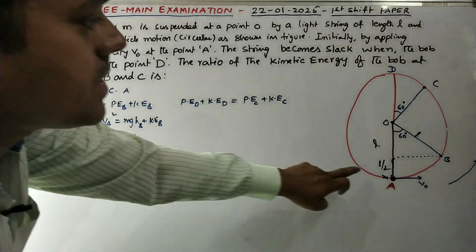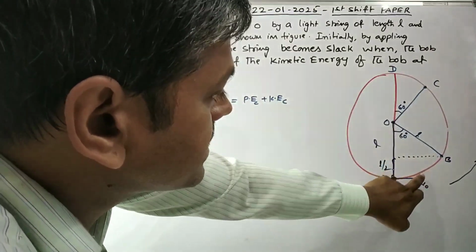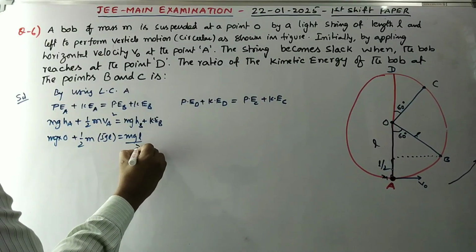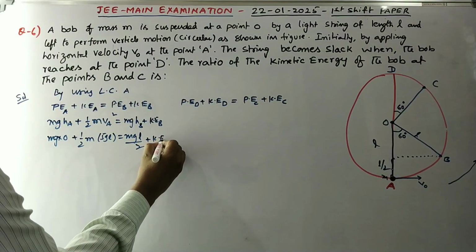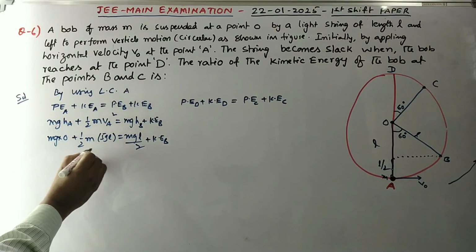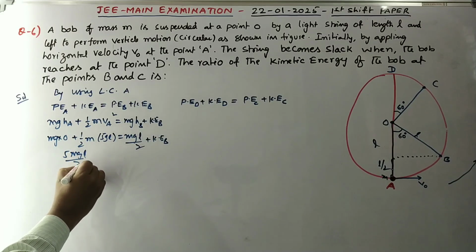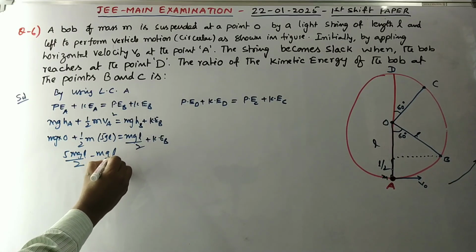mg hb is equal to what? What height does the body rise from A to B? L by 2. So mg L by 2 plus kinetic energy at point B. So what happened? Which is equal to 5 mgl by 2 minus mgl by 2.